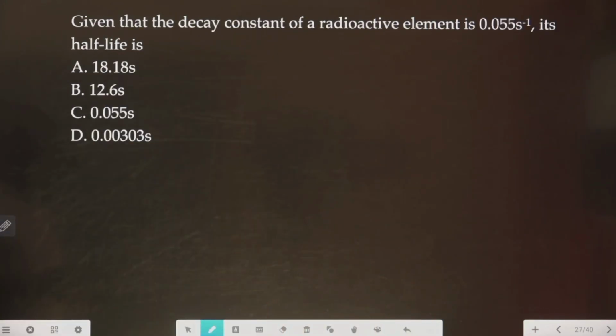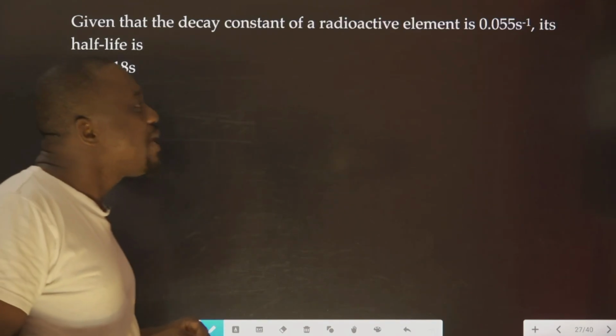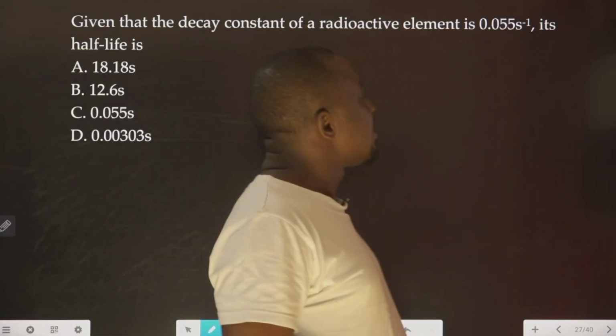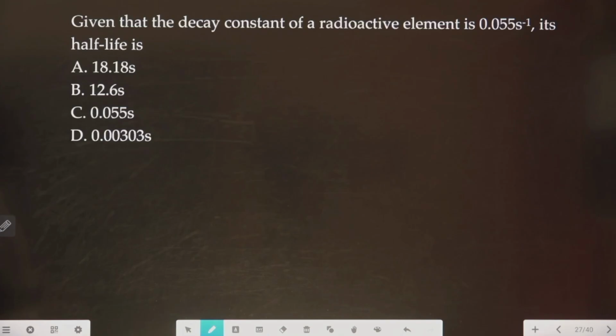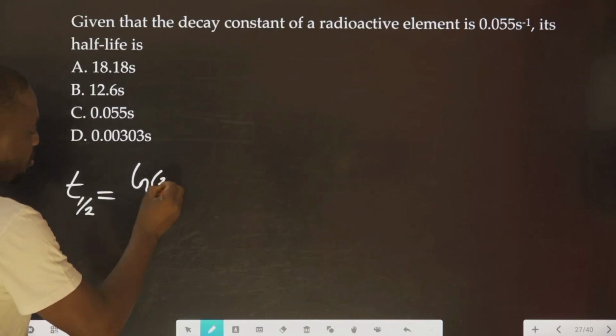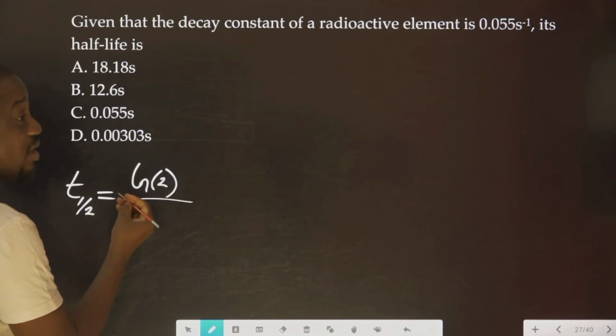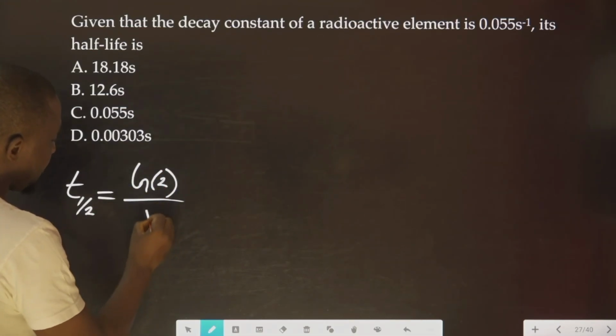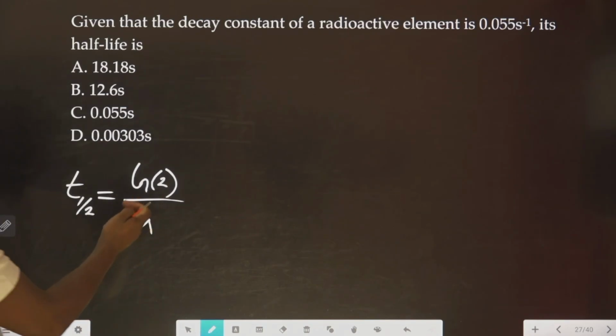Let's look at this. It says: given the decay constant of a radioactive element is this, its half-life is what? Half-life is always equal to ln 2, that is natural logarithm 2, over the decay constant. This is the decay constant.